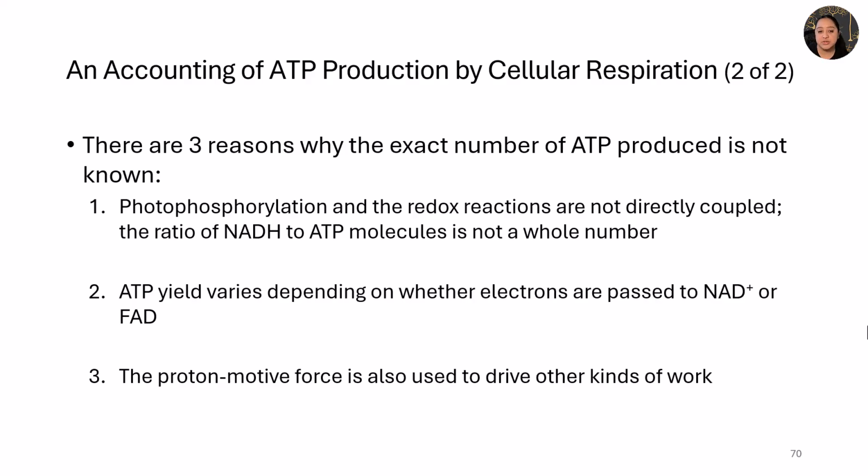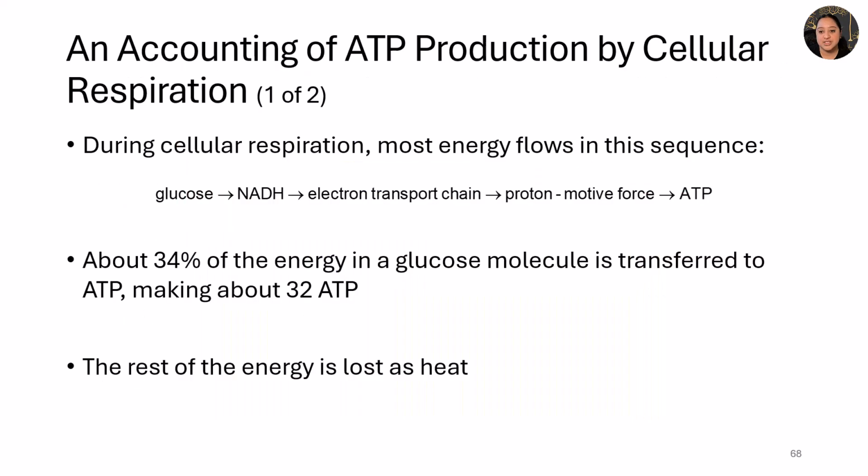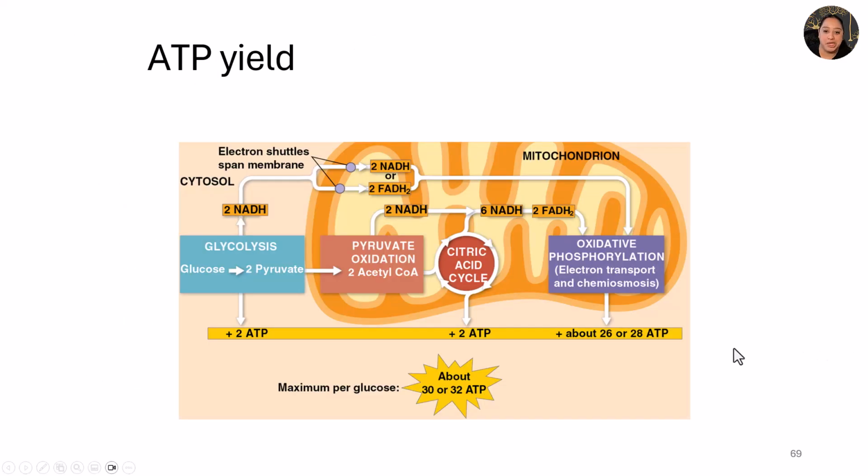Two, ATP yield varies depending on whether the electrons are passed to NAD+ or FAD. And three, the proton motive force can also be used to drive other kinds of work. So this is the best estimate that we have, and that's it.